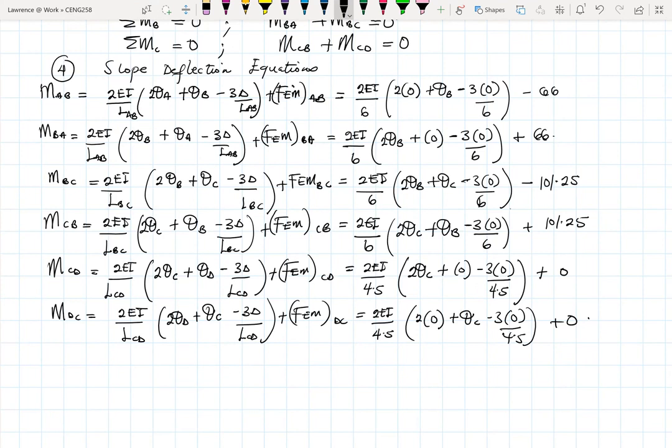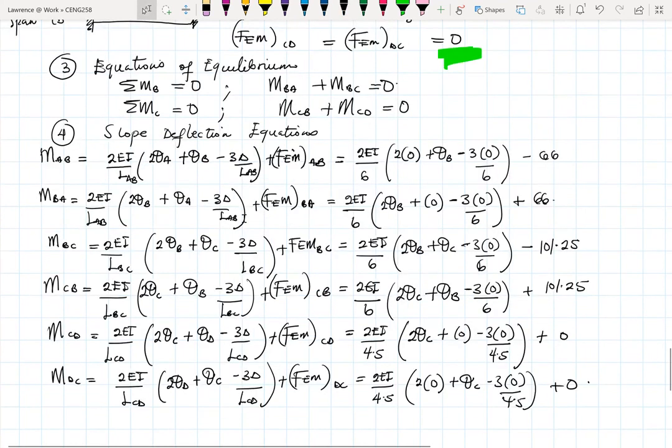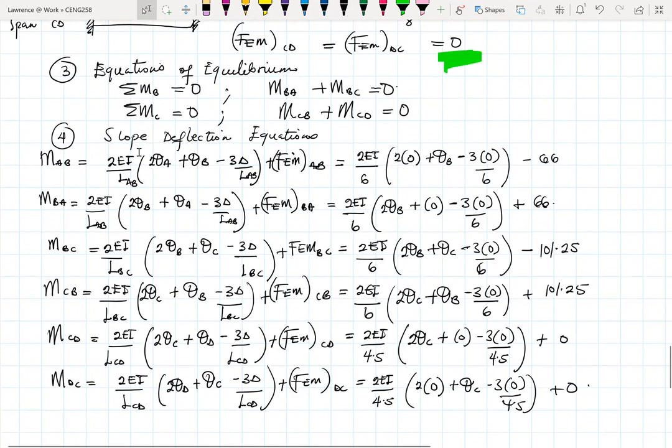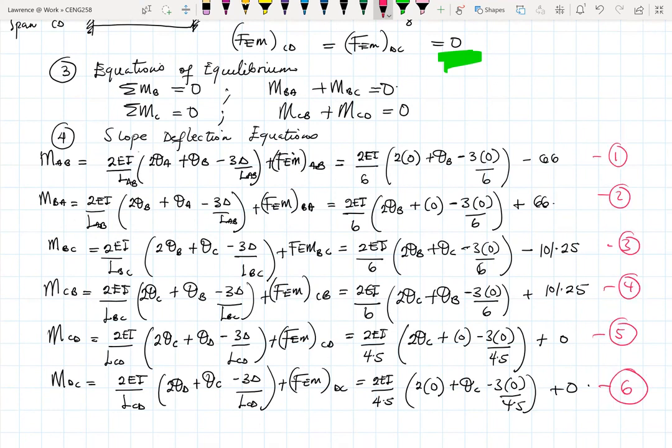All right. So once we have these equations, you can now use the equations of equilibrium to see how you can reduce them. Let's say we have 6 different equations. You only have 2 unknown degrees of freedom, theta B and theta C. So you need to be able to simplify all of these to get an easy to work equation.